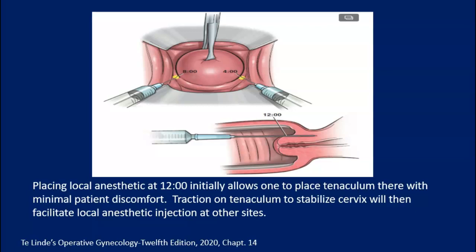Placing a small amount of anesthetic at 12 o'clock allows one to apply a tenaculum there without causing undue discomfort for the patient, but also allows you to exert traction and stabilize the cervix for placement of the additional sites, as shown here at 4 and 8 o'clock.